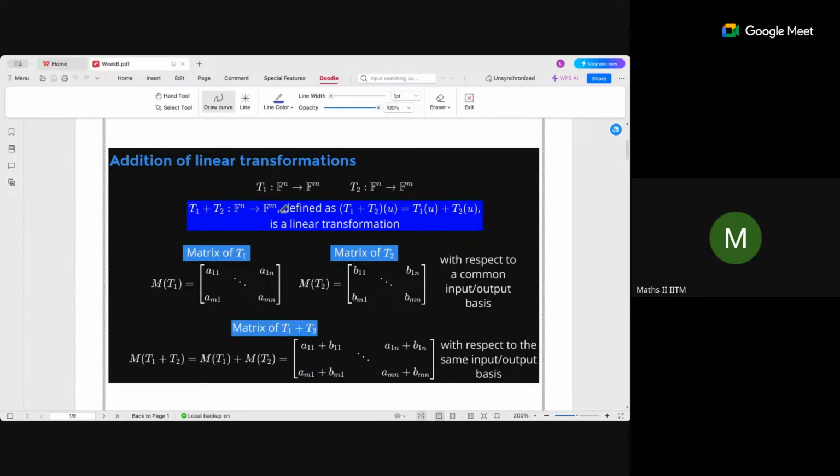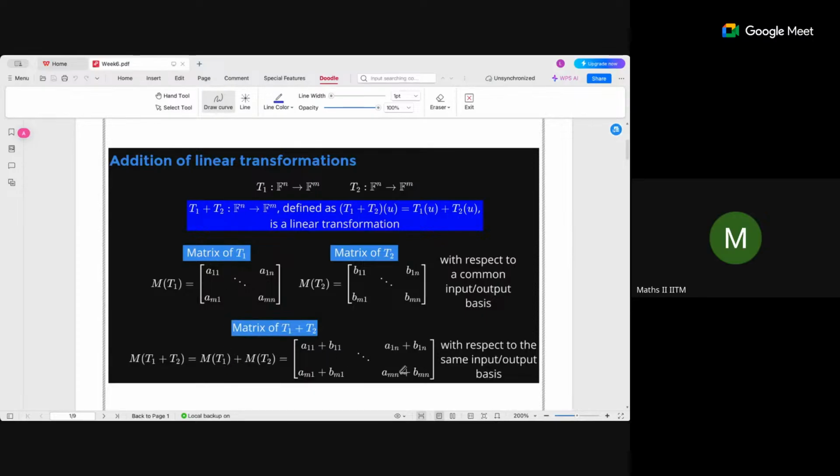It is another linear transformation defined in the following way. Now, what is the matrix representation of this sum? That is nothing but the sum of the matrix representations of T1 and T2, the usual matrix addition. So M of T1 plus T2, the matrix representation of this new operator, is nothing but M of T1 plus M of T2.